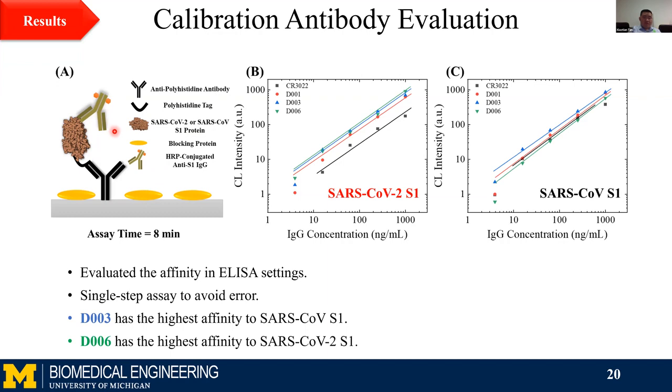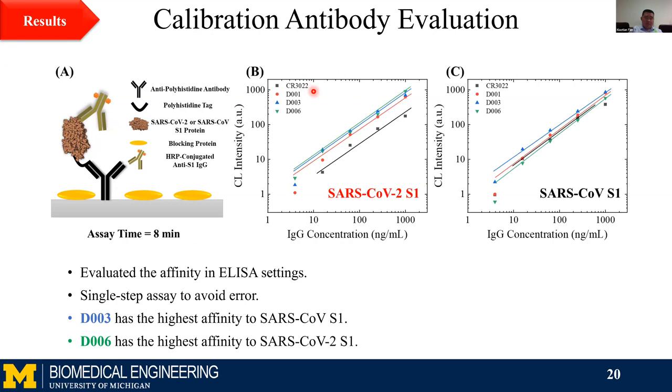calibrator antibodies. We also performed a side-by-side comparison with SARS-CoV-2 and SARS coronavirus. We chose 4 potential calibration antibodies to test here. CR3022 is a pretty famous antibody now.